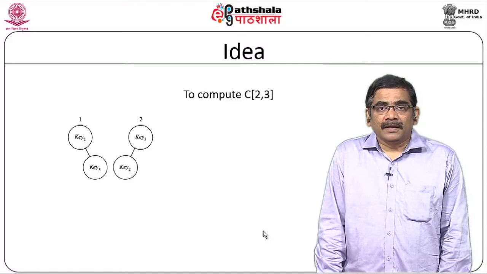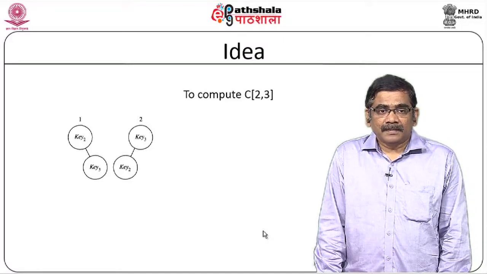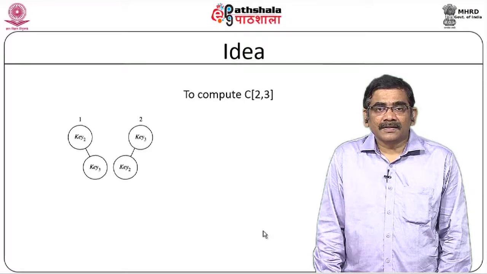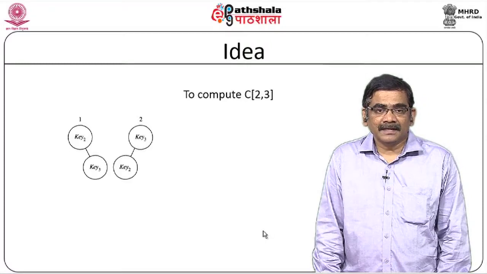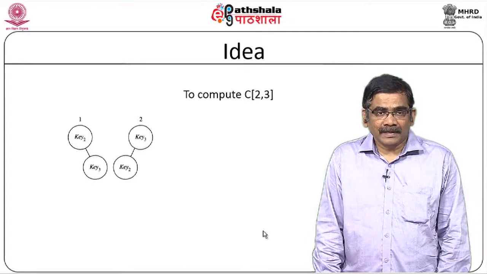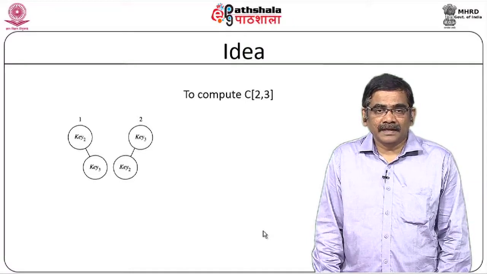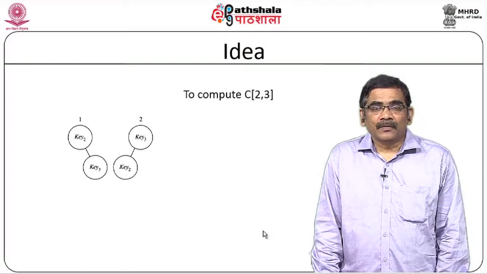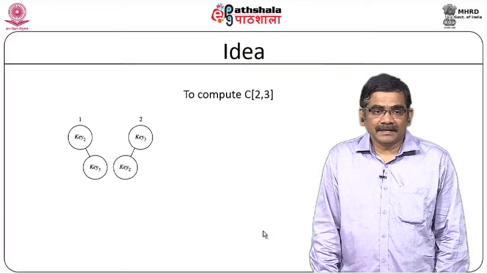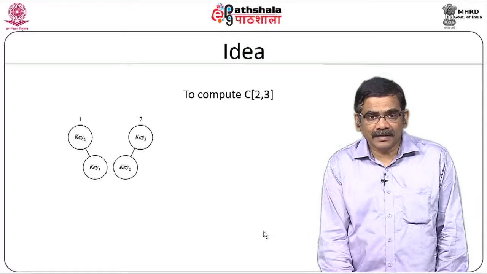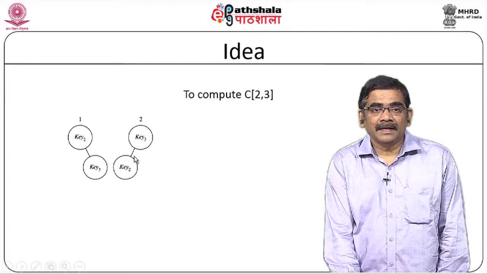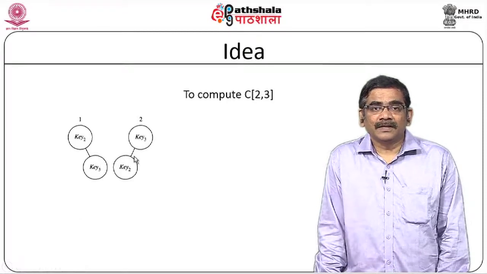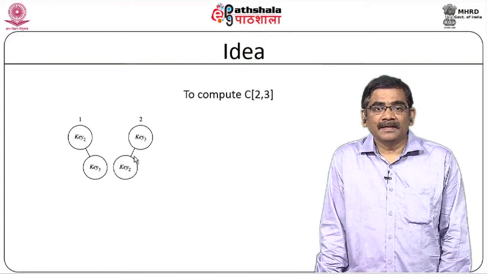Fine. Now we will take one simple example of how to construct the cost of C of 2 comma 3, where key 2 as well as key 3 is given. Probably now you can recollect that there are only two keys, key 2 and key 3. So, what are the possibilities? Two possibilities are there: on the left hand side you have one possibility and on the right hand side you have another, sticking to the norms of the binary search tree.